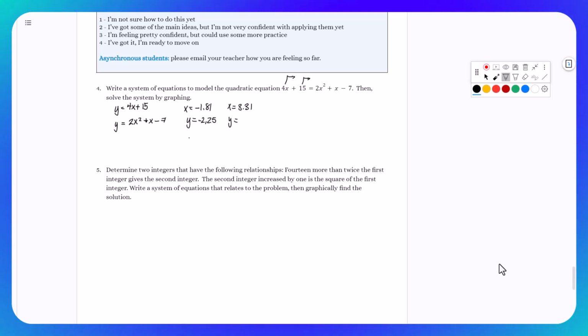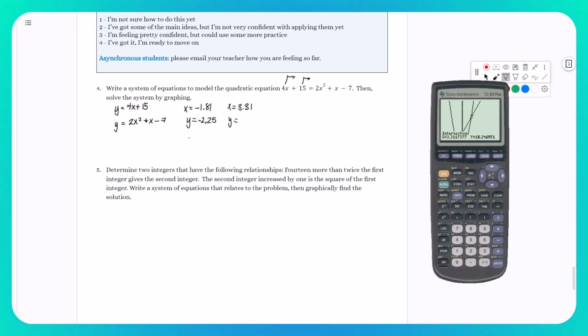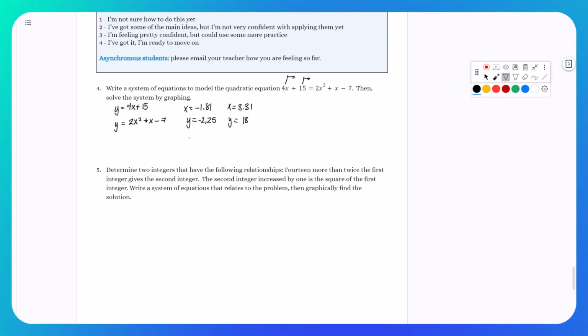And the y value there is 18.25. Now remember, this is a little different because here we are only looking for x's. So while these are solutions to the system, we are only looking for solutions to the equation.